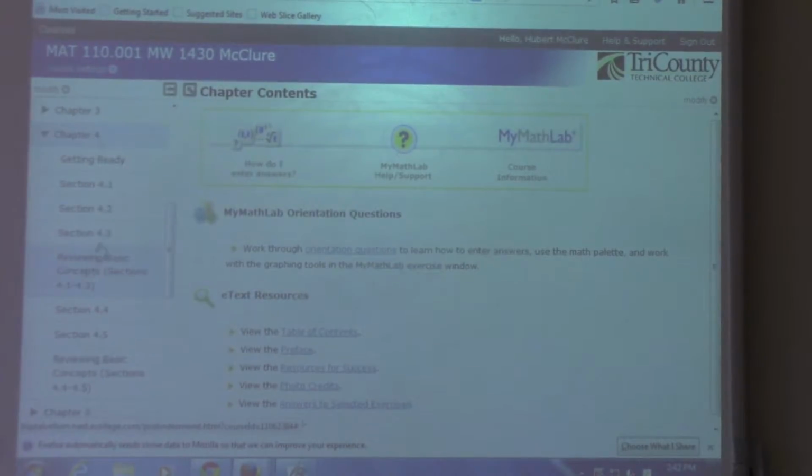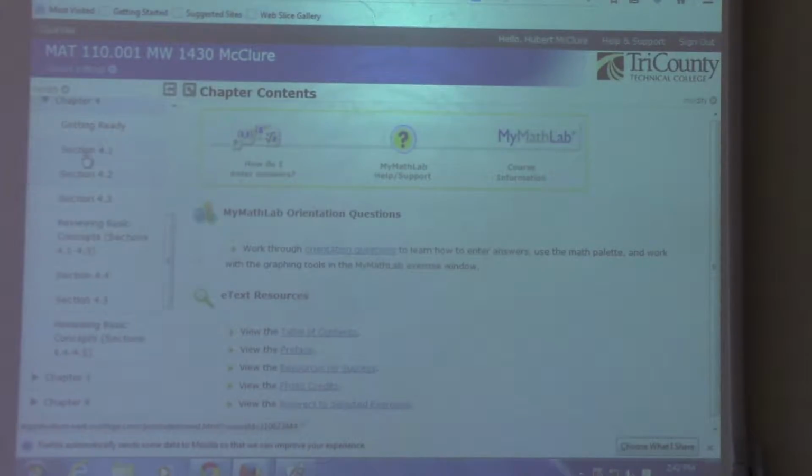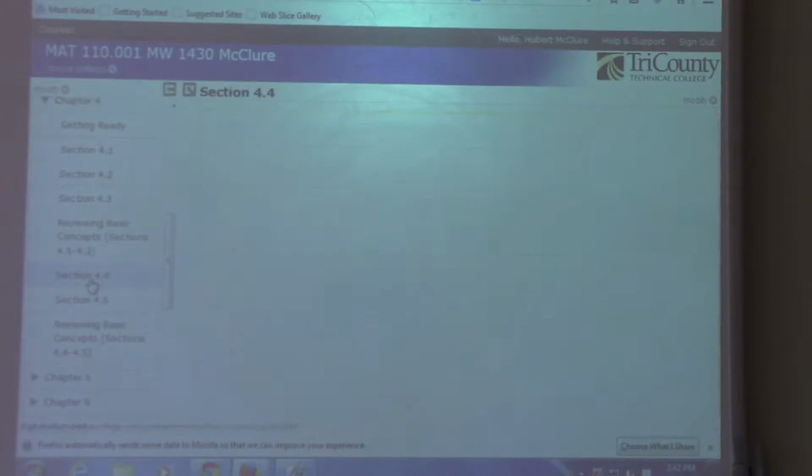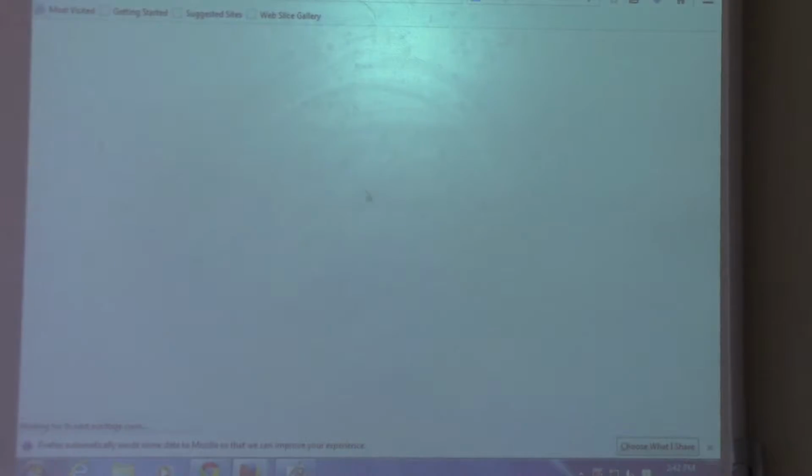4.1, I think. That was 5.4. 4.1, that's the last thing I wrote down. I was thinking we were in section 4, whether chapter 5 or chapter 4. I don't know which chapter it was, but I remember section 4. We'll find out in just a second.